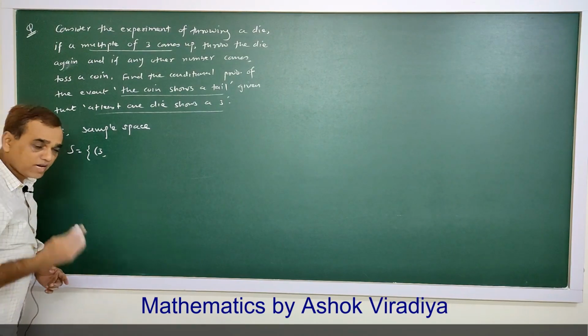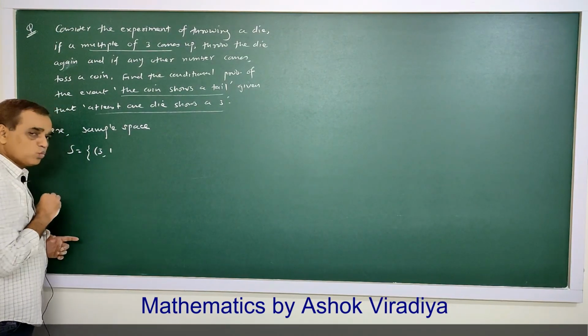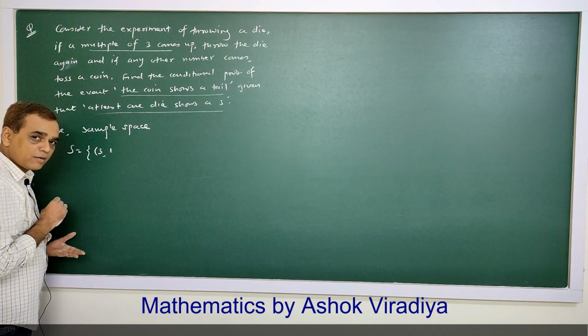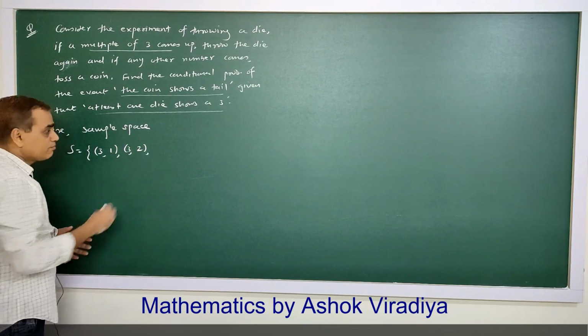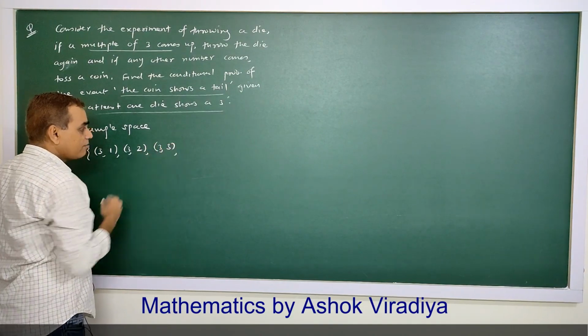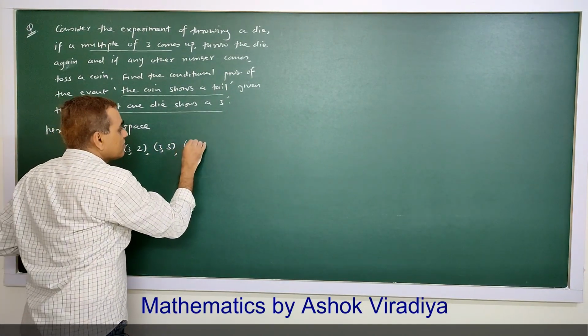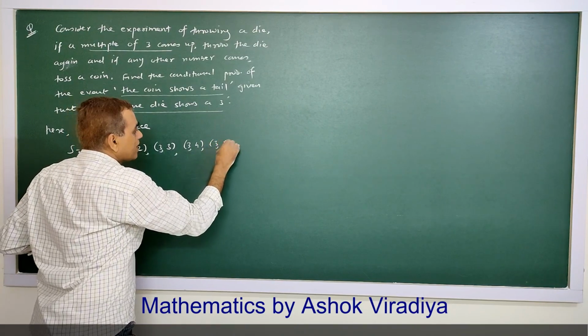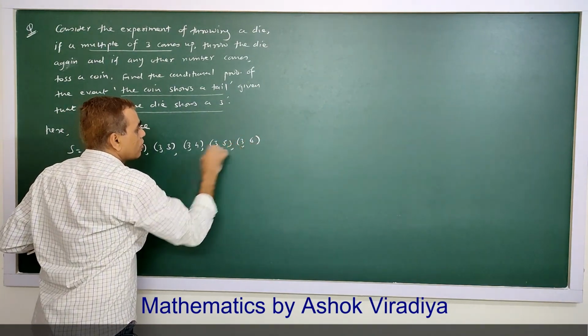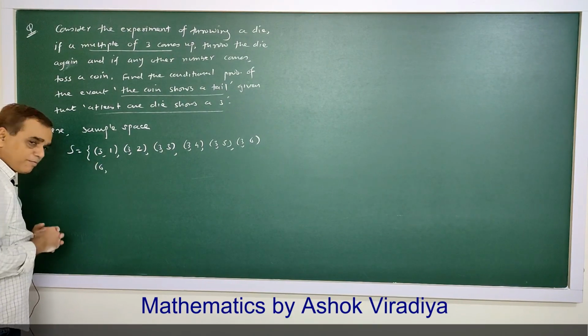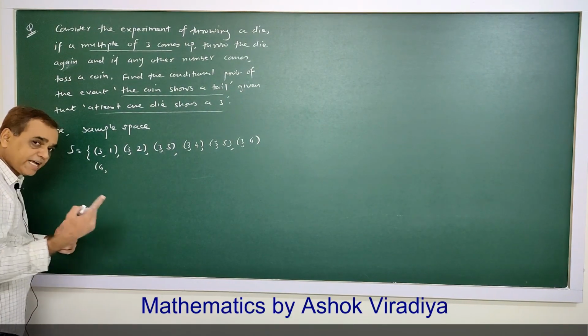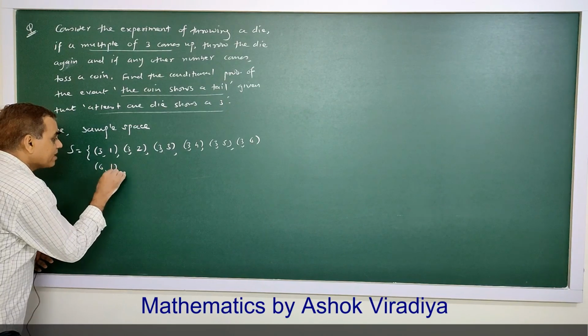So second time throw a die. So second time 1 can come up, or 2, or 3 can come on second time. Second time any output can come up. Now if first time 6 comes up, then also second time we toss a die. So second time any number can come up.